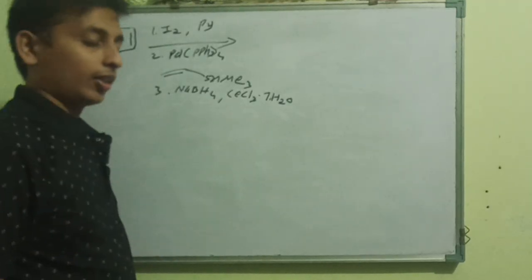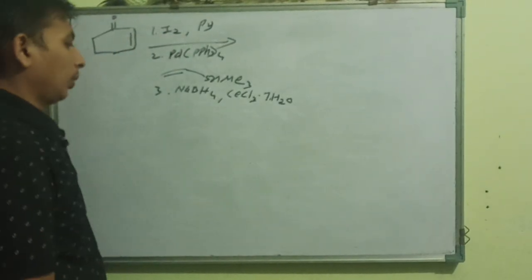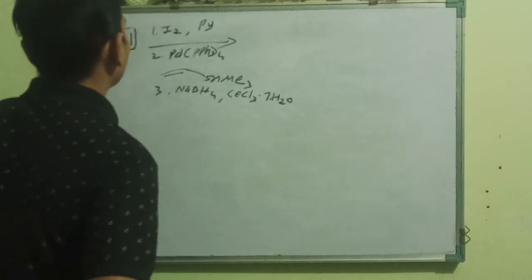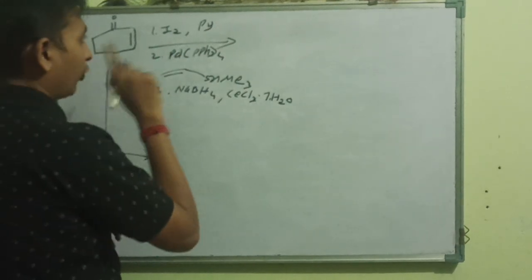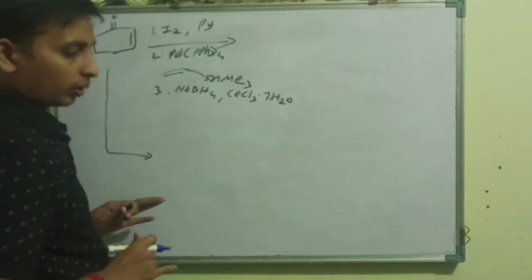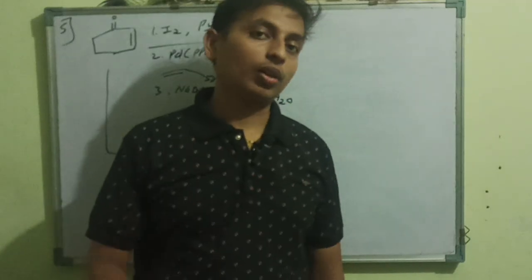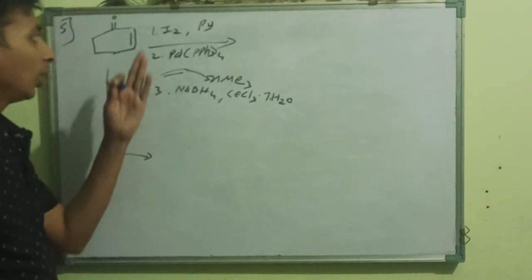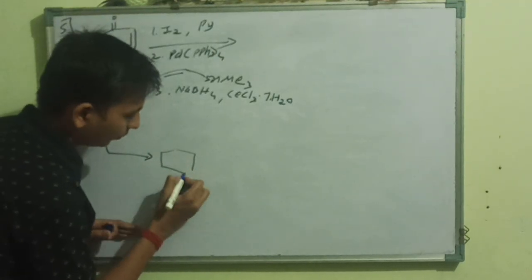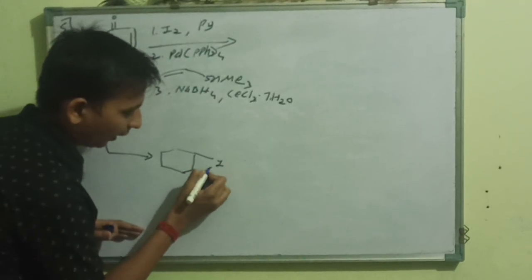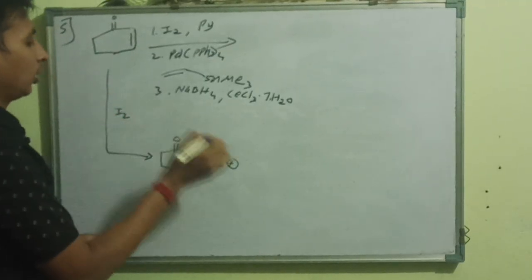This is also a CSIR NET question. Step by step: first is I2 and pyridine. You have studied epoxidation; the three-membered ring is very stable, and similarly with I2 a three-membered ring generates I positive.